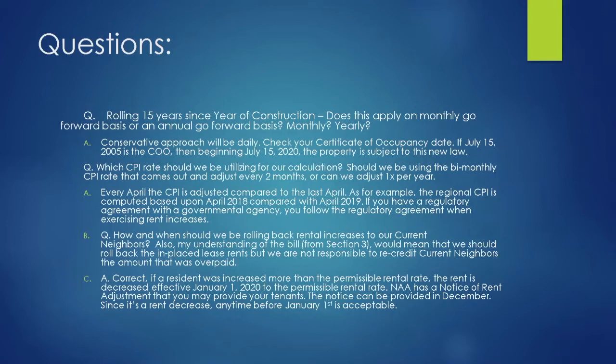If a resident was increased more than the permissible rental rate, the rate is decreased effective January 1st, 2020 to the permissible rental rate. Remember, that's the 5% plus CPI, but no more than 10%. NAA has a notice of rent adjustment or notice of rent decrease that you may provide to your tenants. The notice can be provided in December. Since it's a rent decrease, any time before January 1st is acceptable.